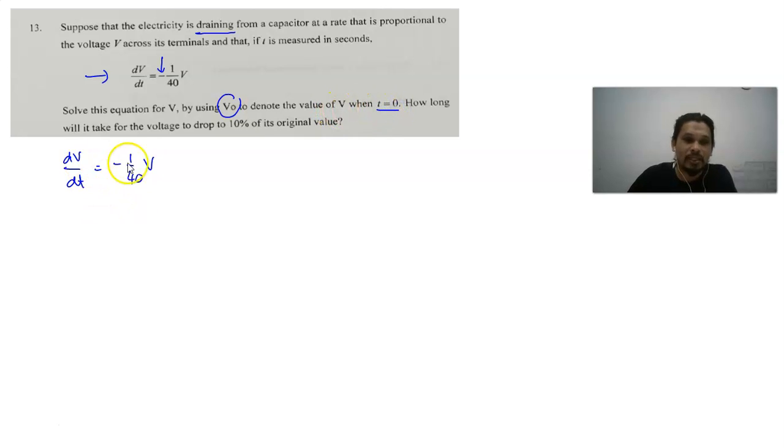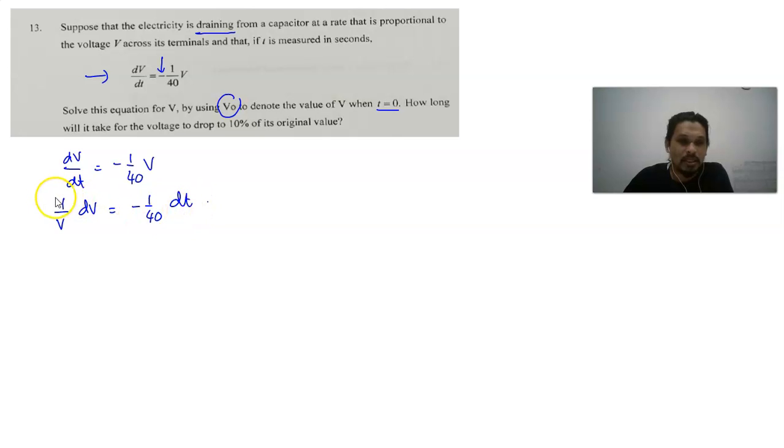Okay, but before that, let's solve this first part here now. So let's bring this V to the other side. 1 over V dV equals negative 1 over 40 dt. Okay, so they are all V on the left side and a constant with a dt on the right side.